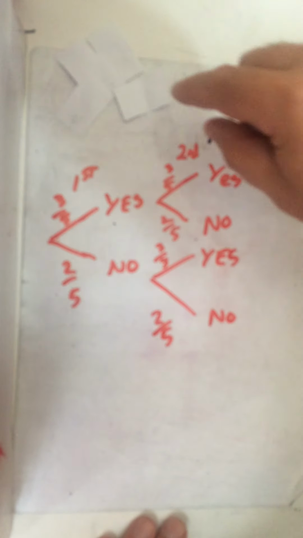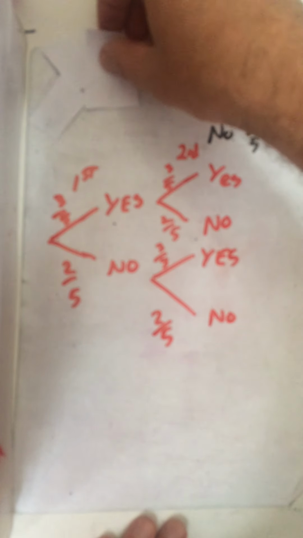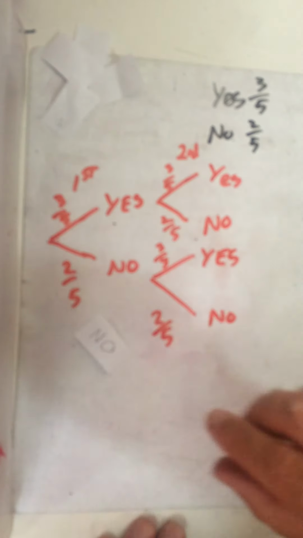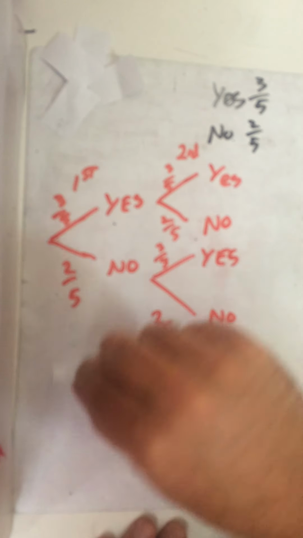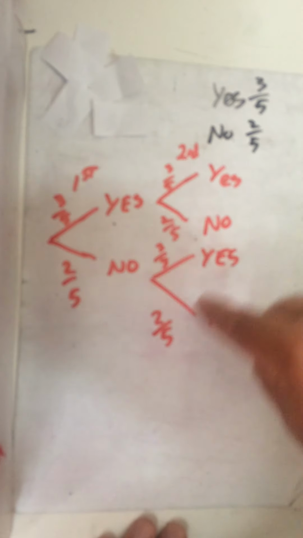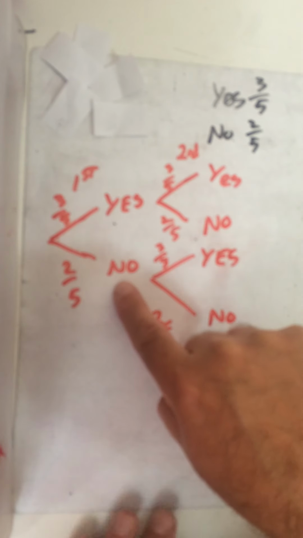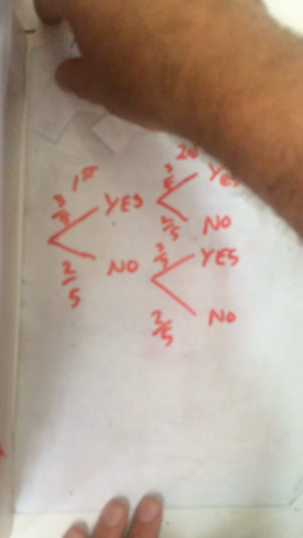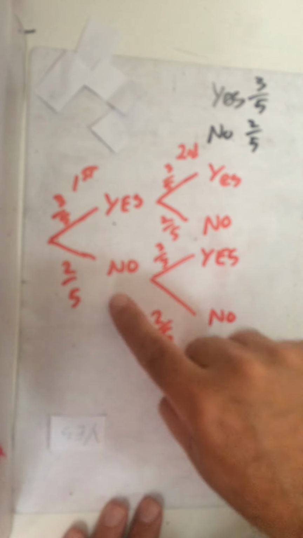The probability on my first go is 3 and 5 for a yes, 2 and 5 for a no. I've got a no, so I go down this route. I'm going to put that back. Now because I've put this back, and it's now an independent attempt, the probability remains the same. So again, I would turn this over. Oh, and this time it's gone for a yes.